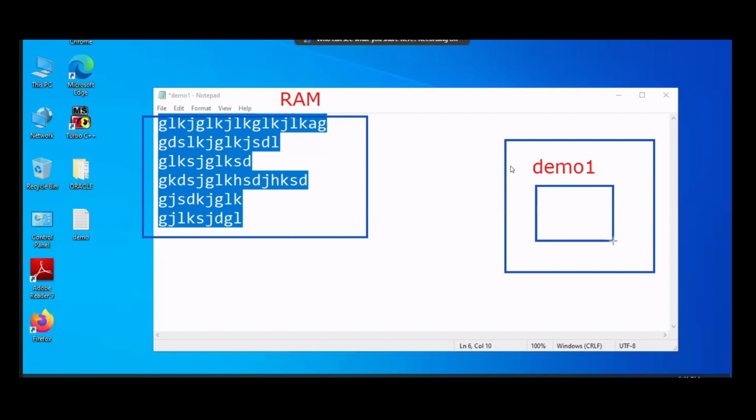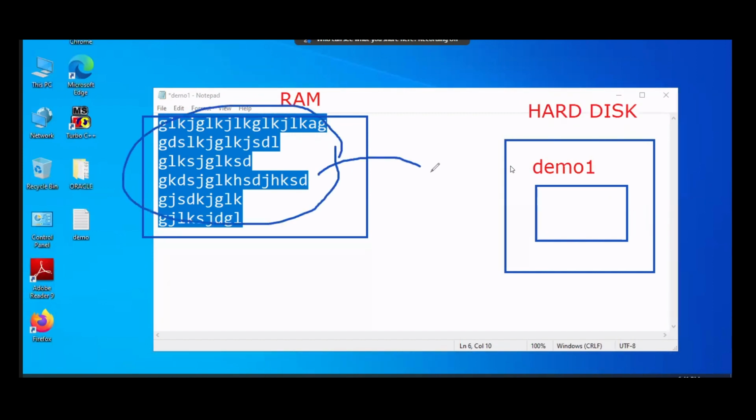Now this is the data in the RAM. This data in the RAM, I want to move to the hard disk, to this file. In this file, I want to store that data.